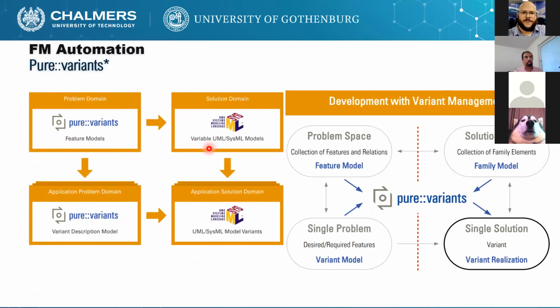In this one, the focus will be on variability, and you can use UML and SysML models to create a solution domain. And here in your variation and configuration, you have the variant description model, the VDM. Here too, it will allow you to do the configuration automatically and produce the products.